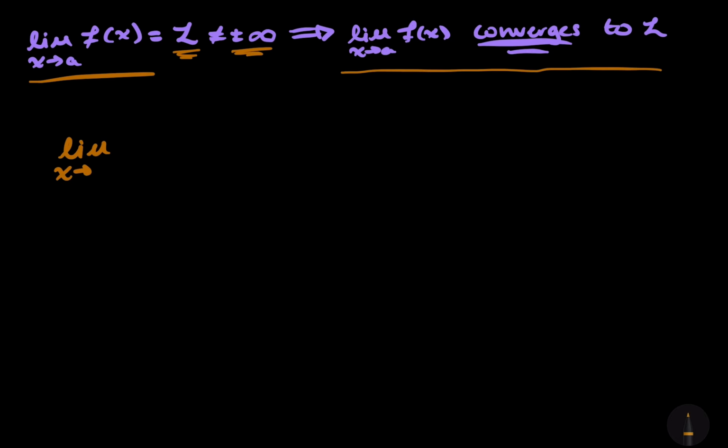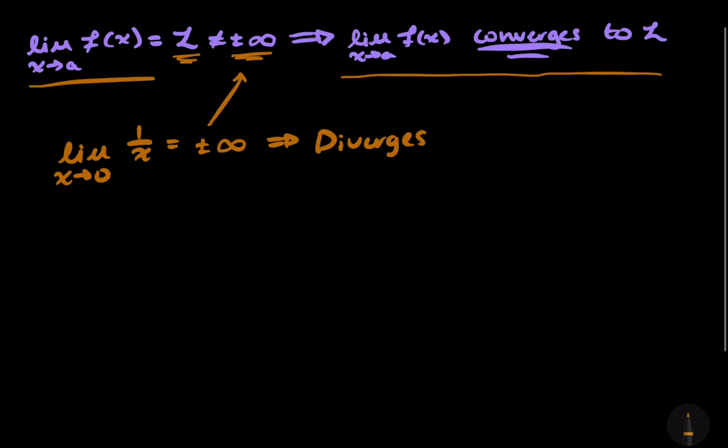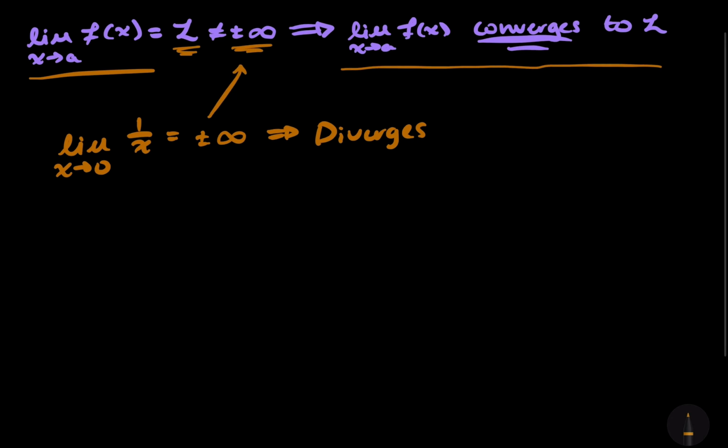When we take the limit as x approaches 0 of 1 over x, and we say that this is going to be equal to plus or minus infinity, we would say that this diverges because it does not satisfy this first criterion. We saw graphically that this limit just asymptotes towards plus and minus infinity.